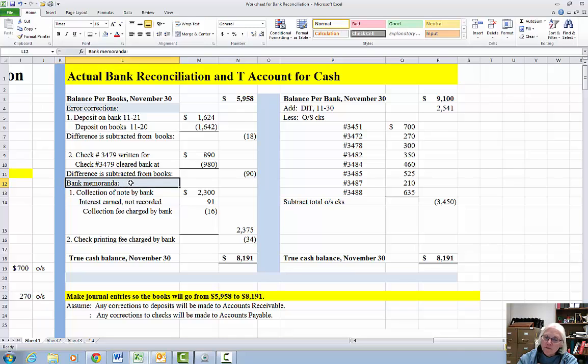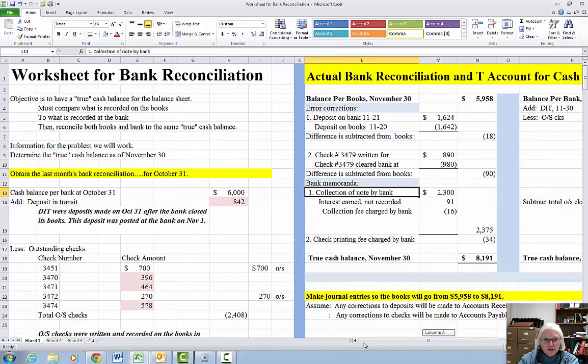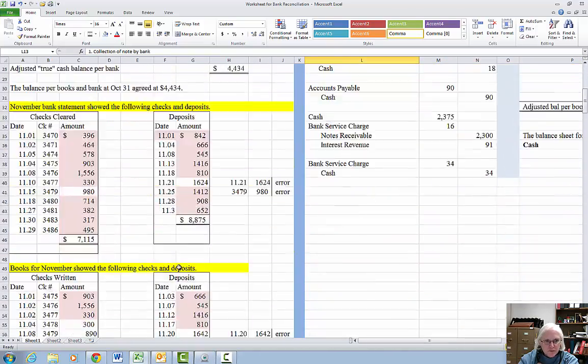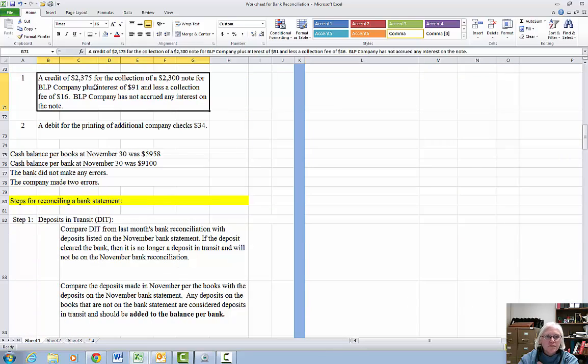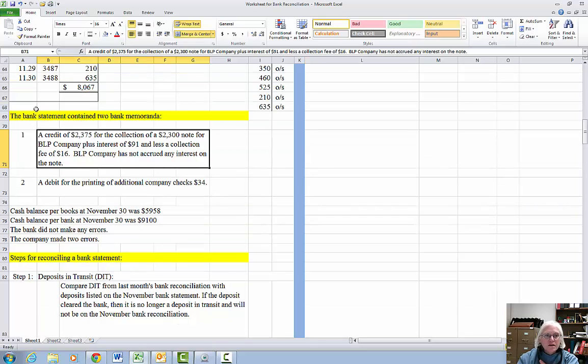Okay, so now we have the bank memoranda. So they collected a note for us. And if I go in and read the actual details of that memoranda, which we have not done yet, right here, the bank statement told us that they had credited our account for $23.75 for the collection of a $2,300 note for this company, plus interest of $91 and less a collection fee of $16.